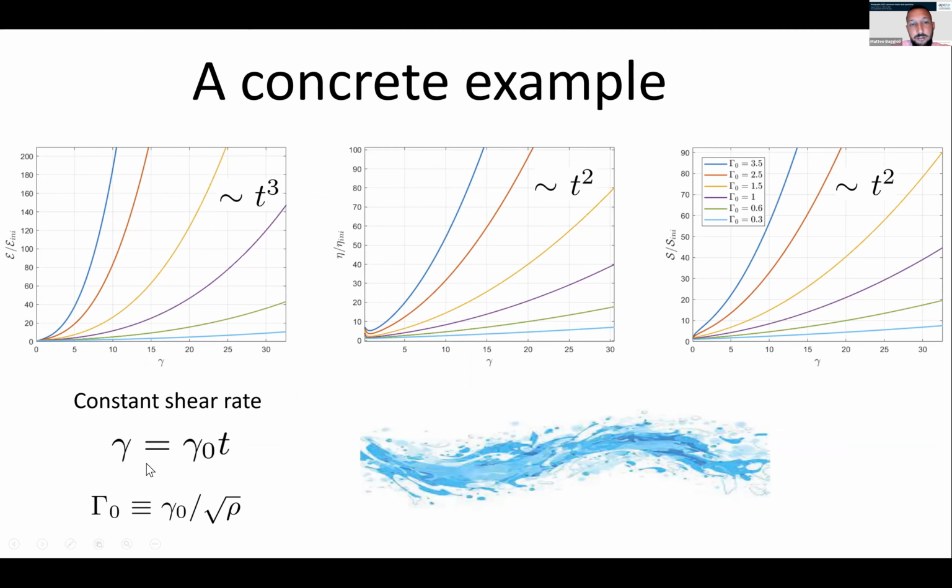Gamma is actually the shear deformation that we're doing, and here for simplicity we took it linear. So basically the dimensionless time in this time evolution is not t, but is actually t times gamma 0. So large gamma means that you are at a time much larger than this rate. Yeah, that was basically the meaning.